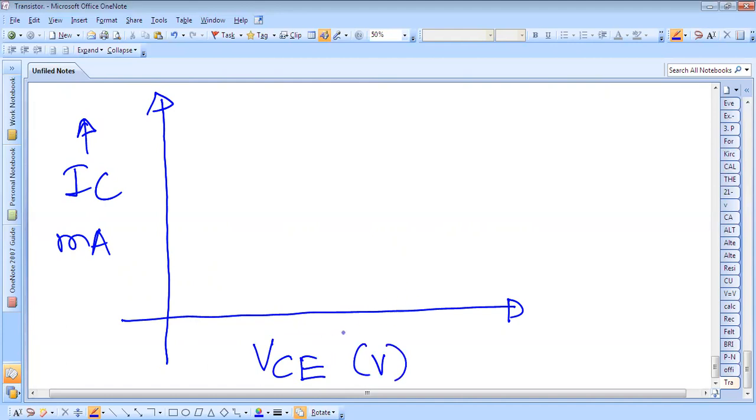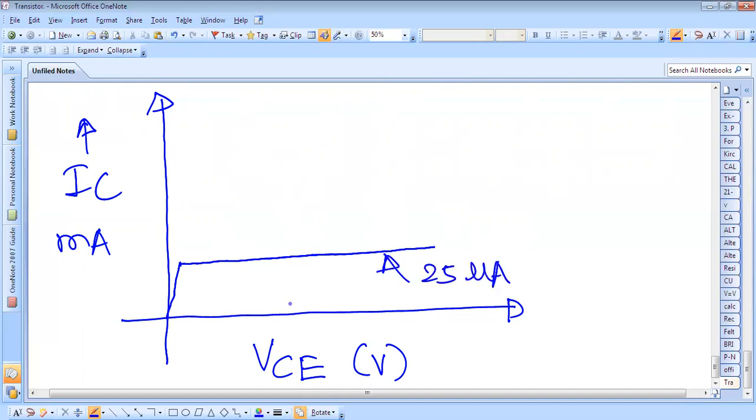First, the readings were taken for 25 microamperes. If you plot the graph with the first reading, this is for 25 microampere.